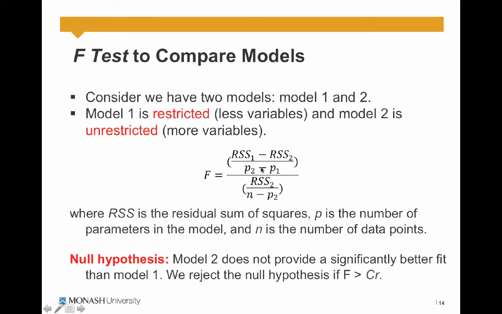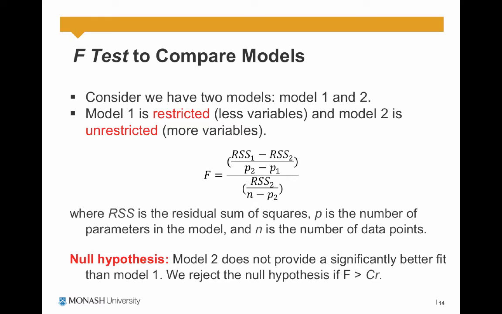And we divide this value over the residual sum of squares of the unrestricted model divided by the number of data points you have minus the number of parameters in the unrestricted model.